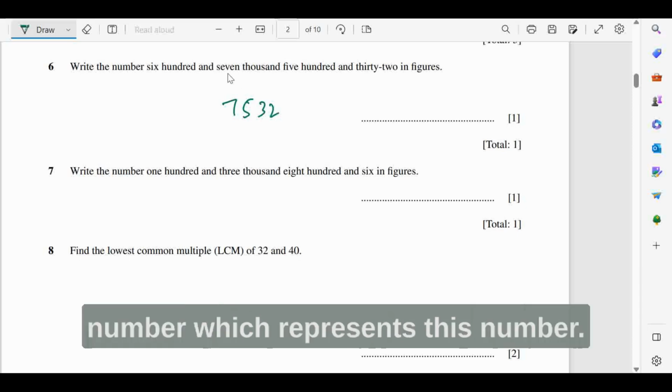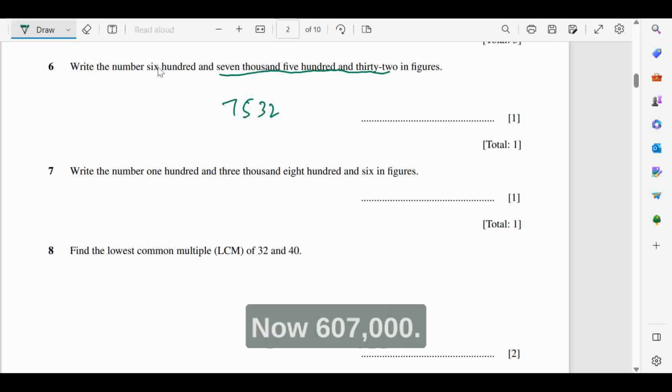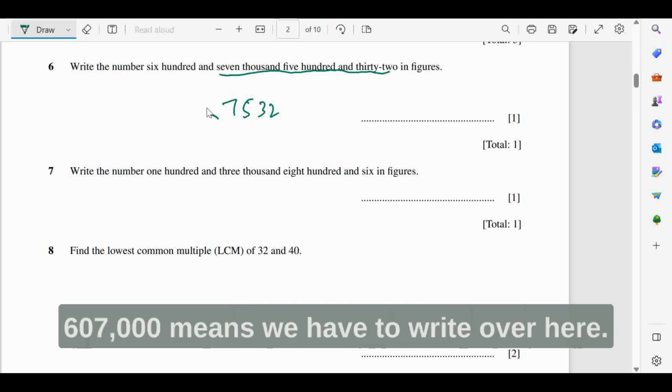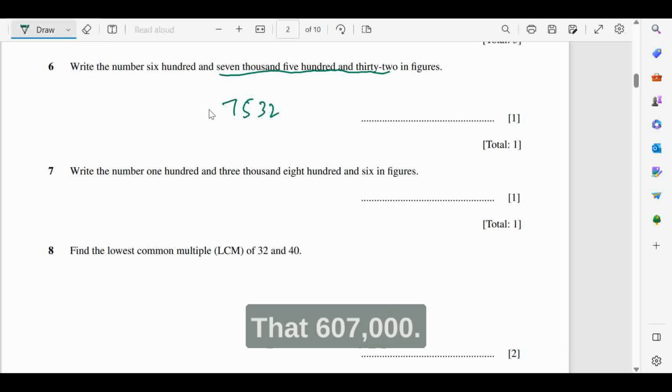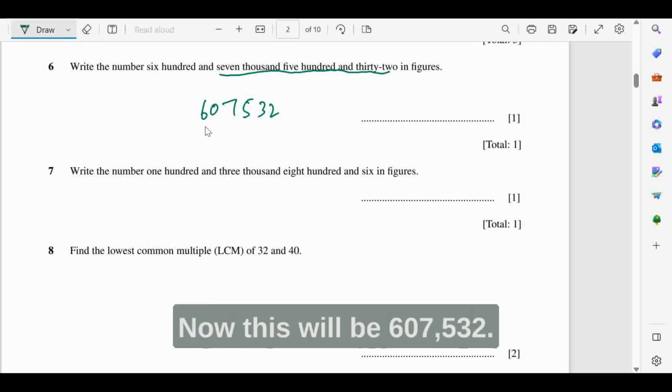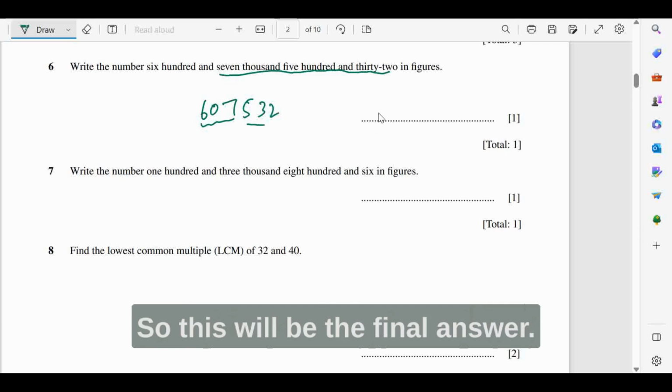So this will be the number which represents this number. Now 607,000 means we have to write over here 607,000. Now this will be 607,532. So this will be the final answer.